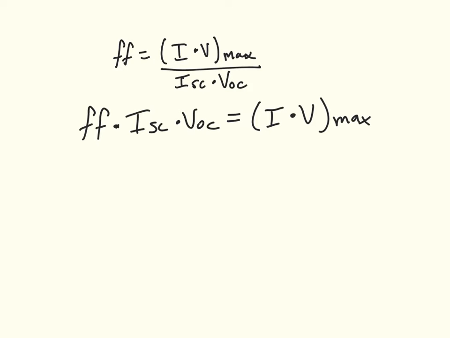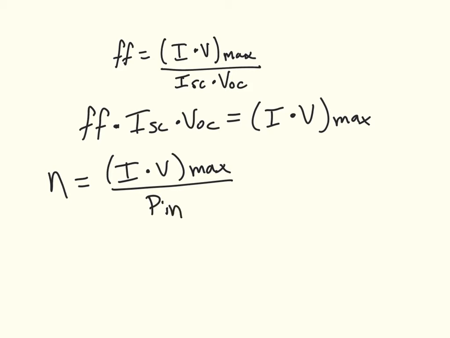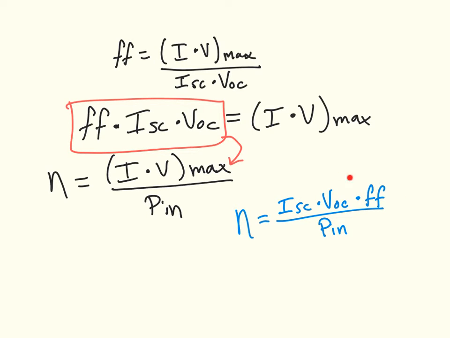Now, if you go back to your original efficiency equation, which looks like this, you can plug this in place of the maximum current and the maximum voltage, so you rearrange the equation and you end up getting this. And because this is in terms of the short circuit current and the open circuit voltage, which is what we get from the current voltage curve from those measurements, we can find the efficiency.